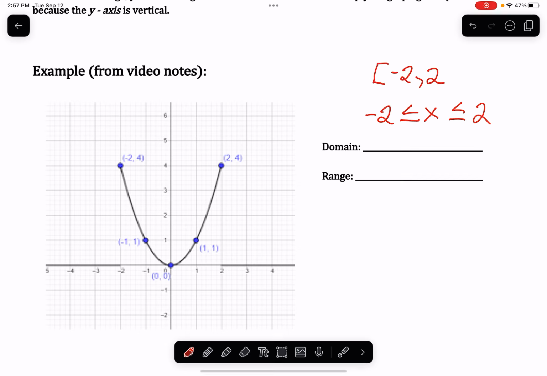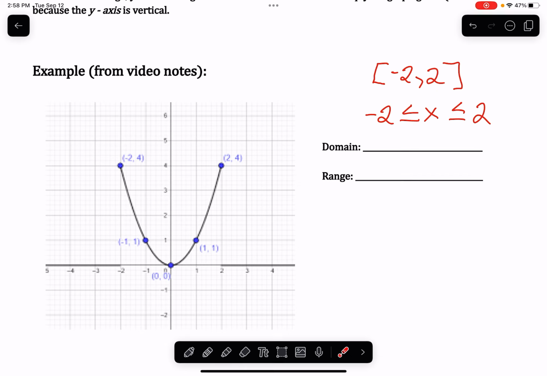And I'm going to explain what this is. So interval notation, what you do is you put the smallest number in the interval and then the largest number in the interval. So what we're saying is that the interval for the domain is between -2 and +2.